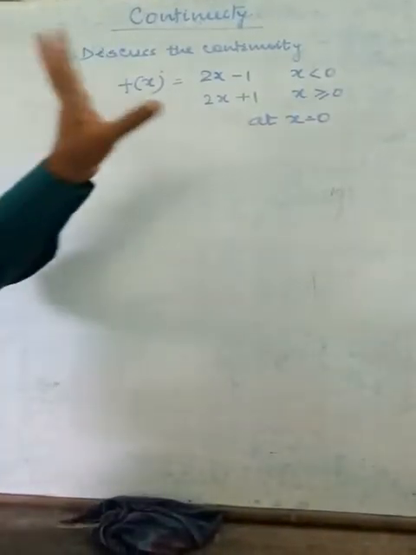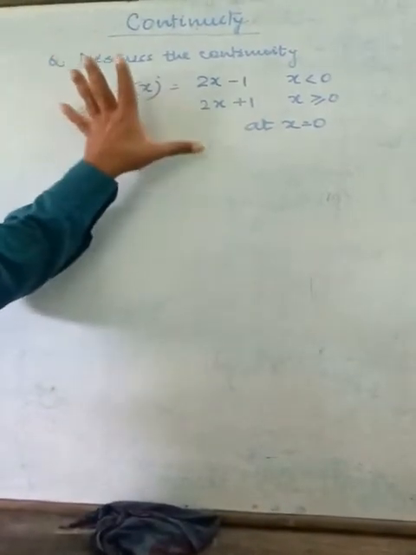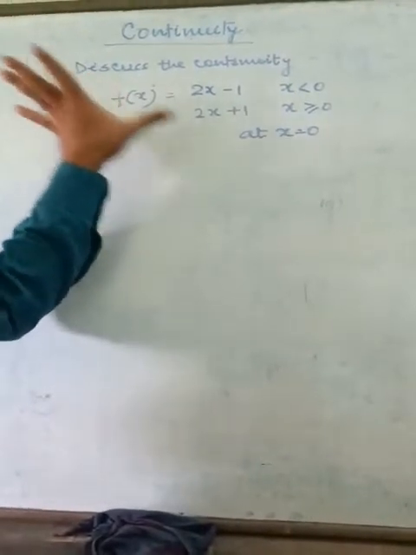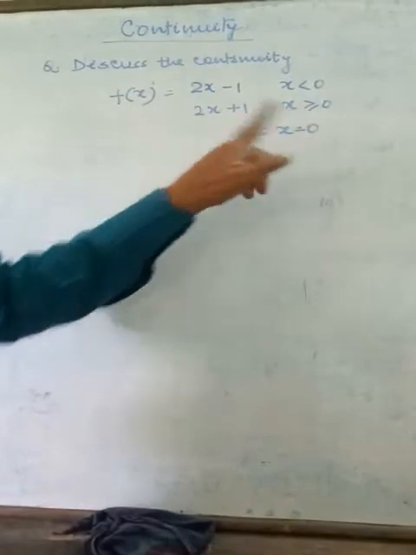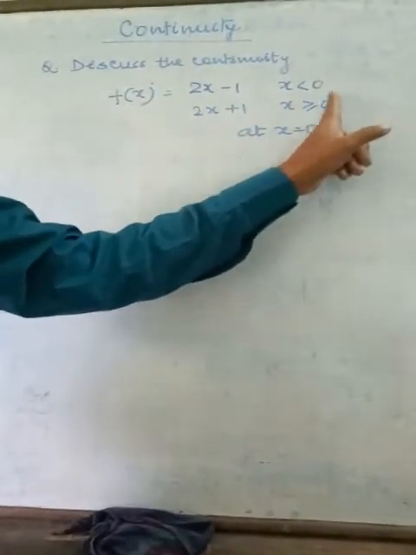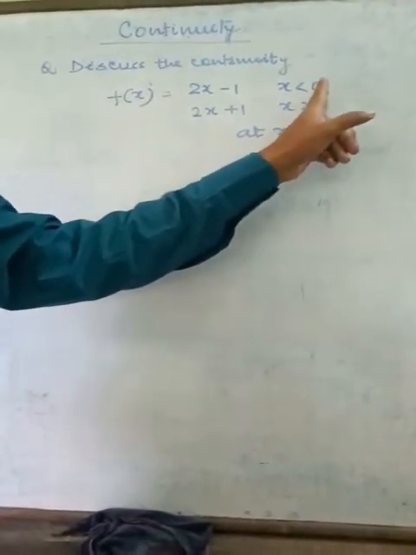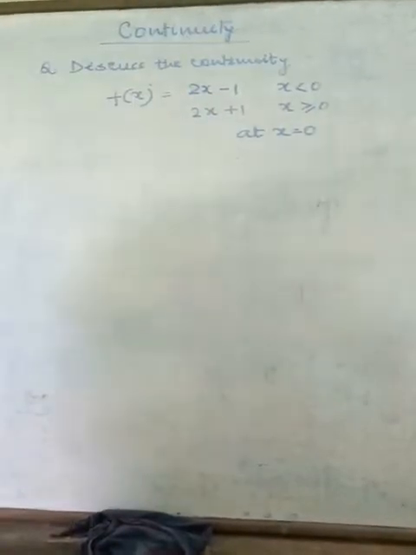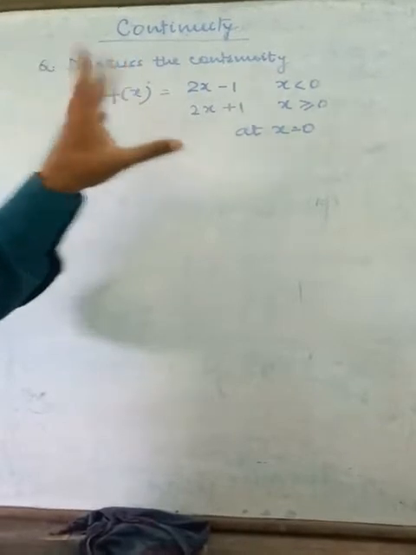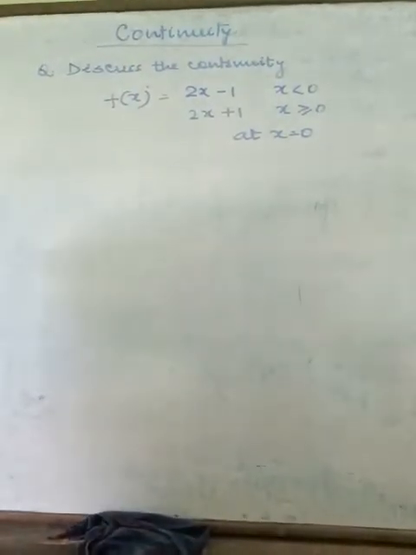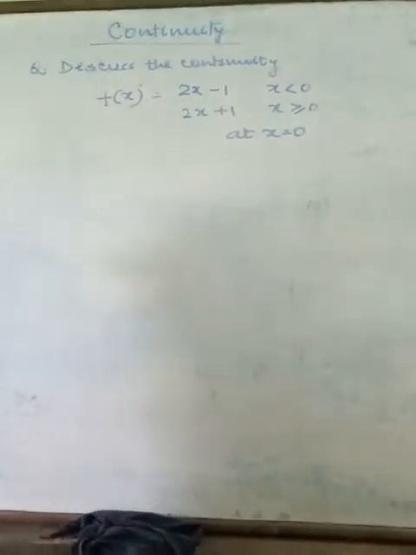So see students, we have to check whether this function is continuous or not at point 0. This is called the base value. As per the definition of continuity, we have to calculate all the three values and check whether they are equal or not.